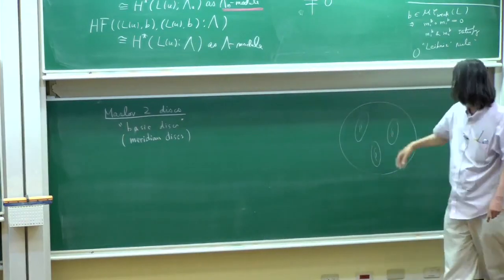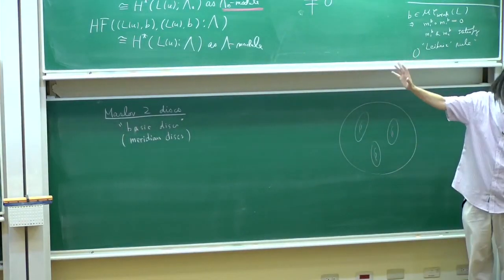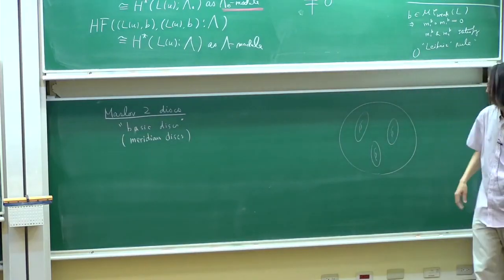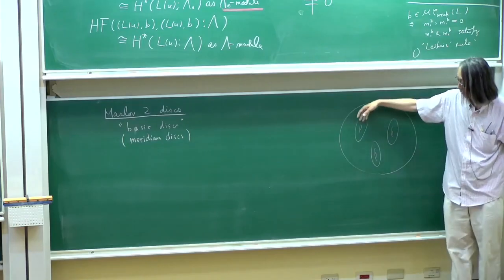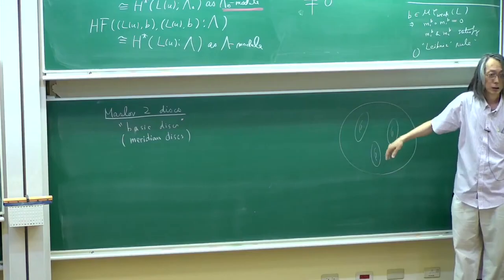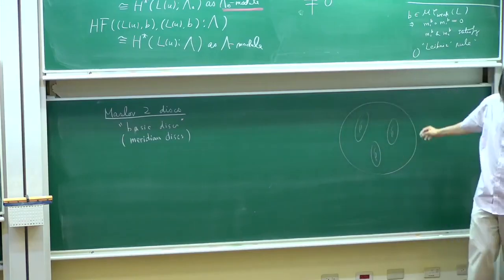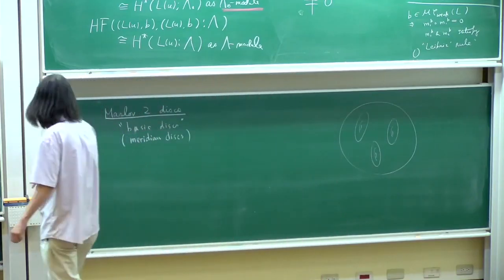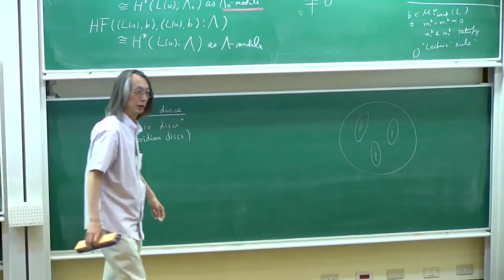Most of them don't have any critical point, but some of them have critical points. Then count the number of solutions here, here, here, and add them up. What you get is the sum of Betti numbers of the toric manifold. So this is one thing I may explain.